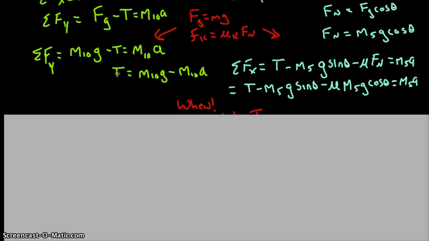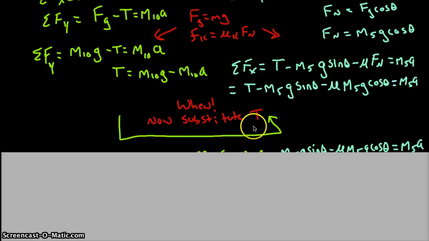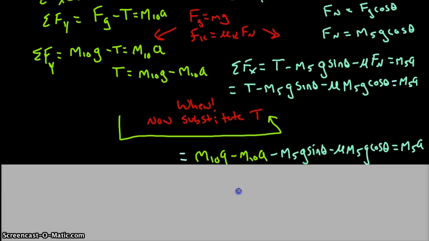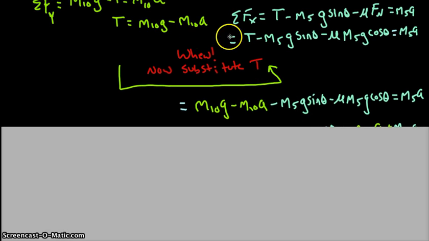The easiest way is to take the T here, express it in terms of the 10 kilogram mass and these quantities from this equation, and substitute it in for this T right here. That's what we're going to do next. With this green arrow, we're going right into this T right here. So bringing those over, I'll leave those in green. We can see that we substitute in for our T, and now it's a big algebra puzzle.